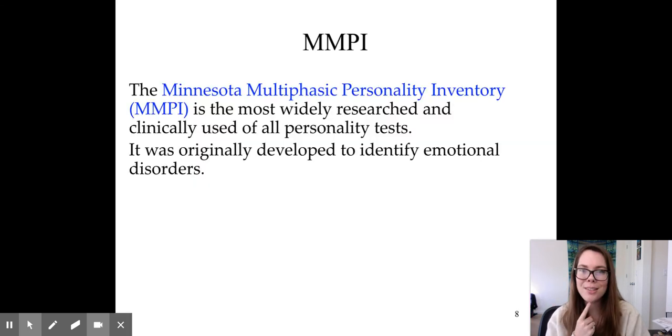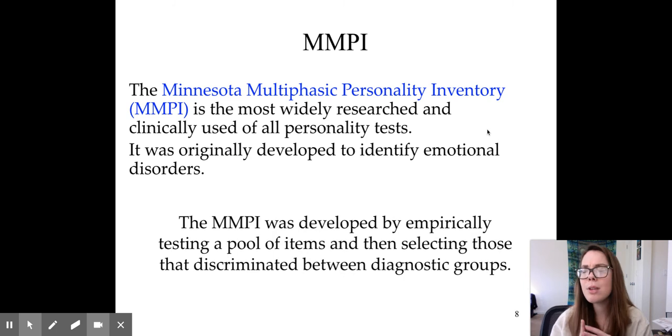That's usually the gist. Coming back to how we test personality, there is one main test, and it's a really long name: the Minnesota Multiphasic Personality Inventory. You could just call it the MMPI. It's the most widely used and researched test for clinical use.